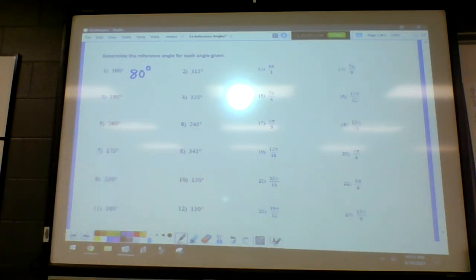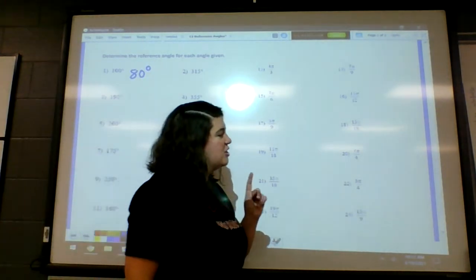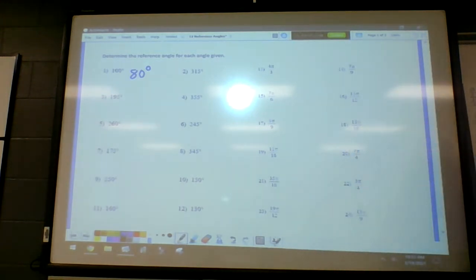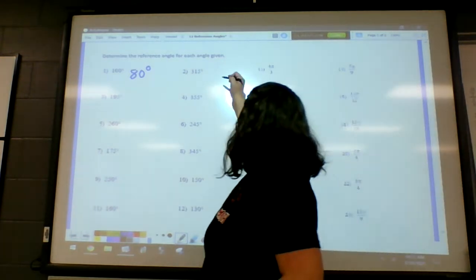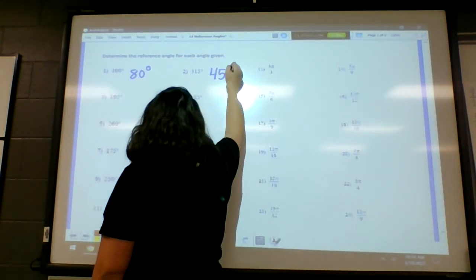Your reference angle should always be in the first quadrant between 0 and 90. All right, 315. What quadrant is 315 in? The fourth one. And at 315, you're trying to get it to 360. So how much do you have to add to get to 360? 45. So this reference angle is 45 degrees.